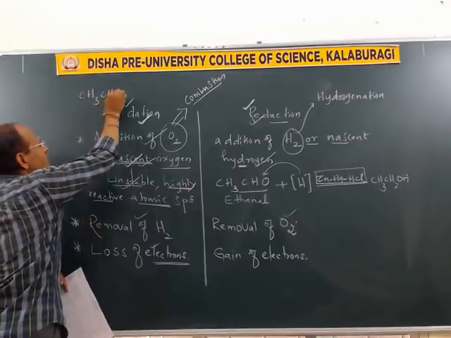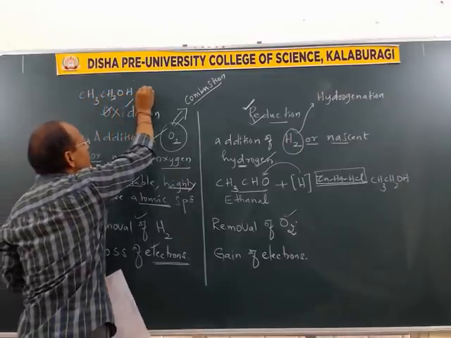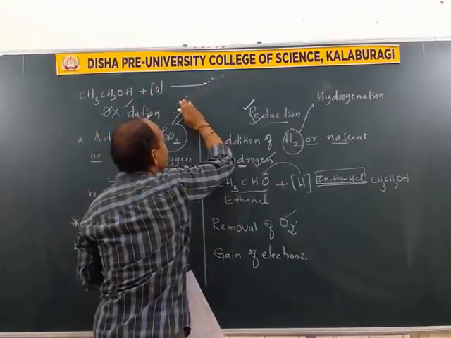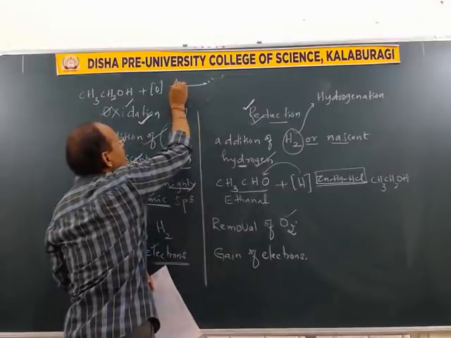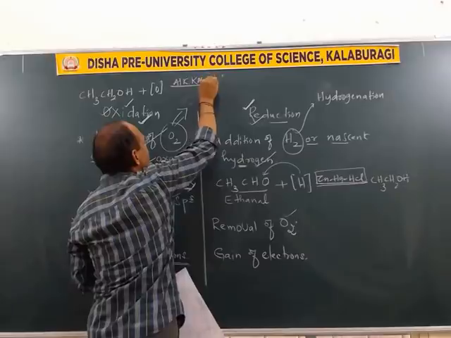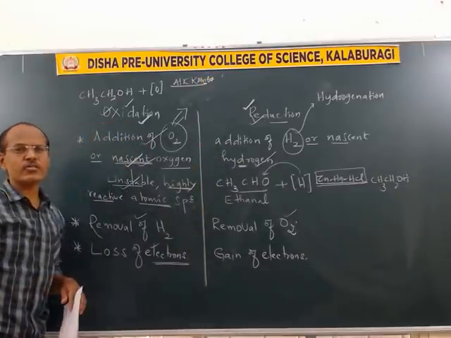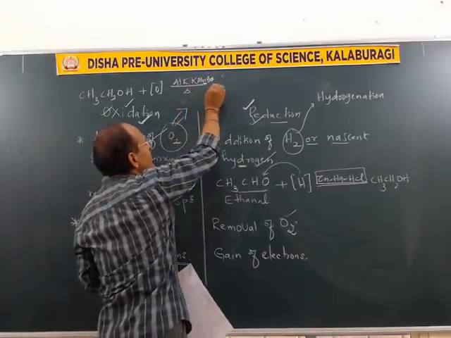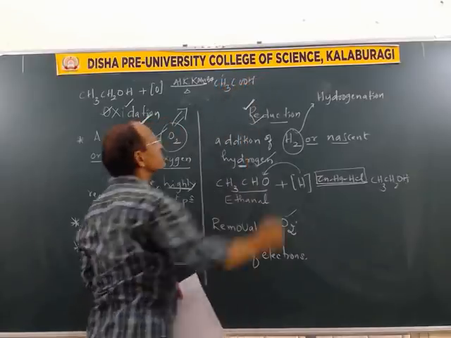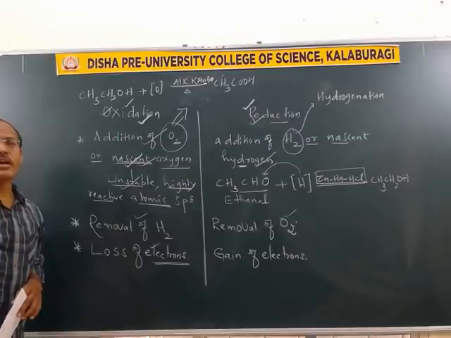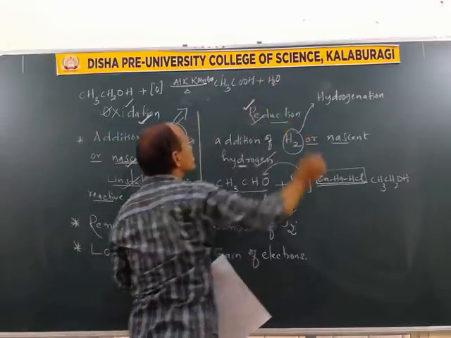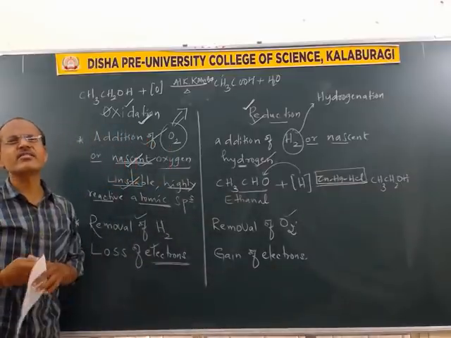Now look at this example. CH3CH2OH plus O in the presence of alkaline KMnO4, which we call potassium permanganate, as you know already. Then you get CH3COOH, a carboxylic acid, plus water. Later on we will see balancing the equation.